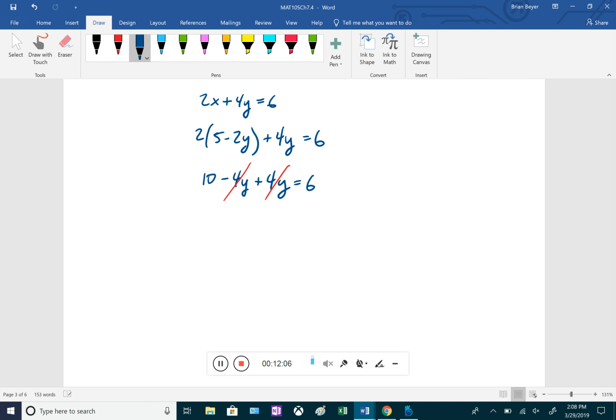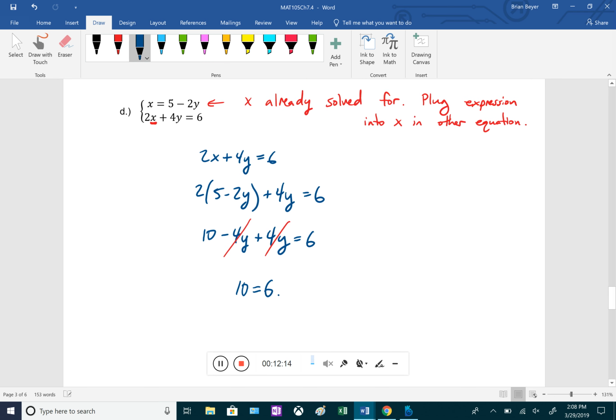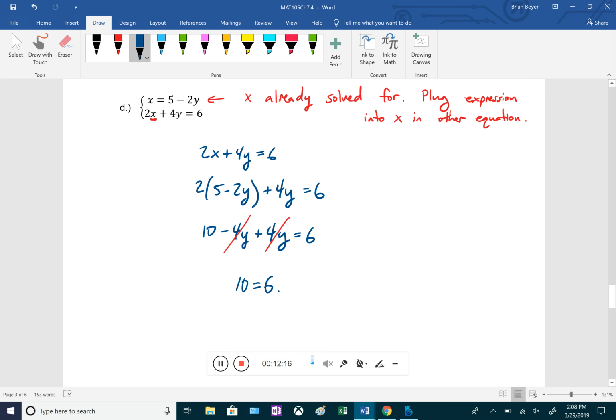Negative 4y plus 4y equals 0y, so 0. We're left with 10 equals 6. If you remember from before, if the variables cancel and we get a false statement, that means there are no solutions. 10 does not equal 6, so we have no solutions.